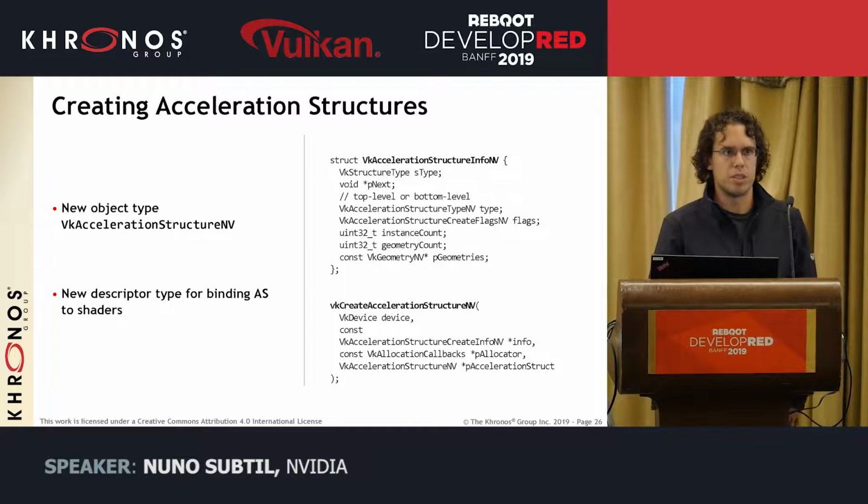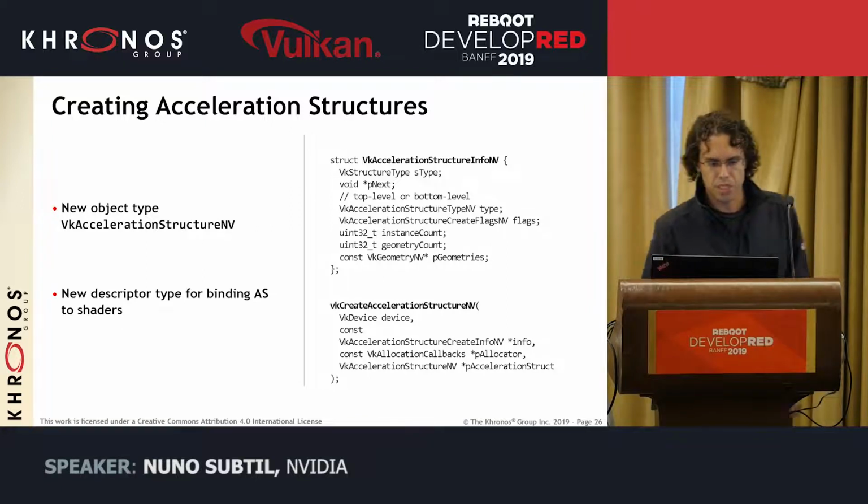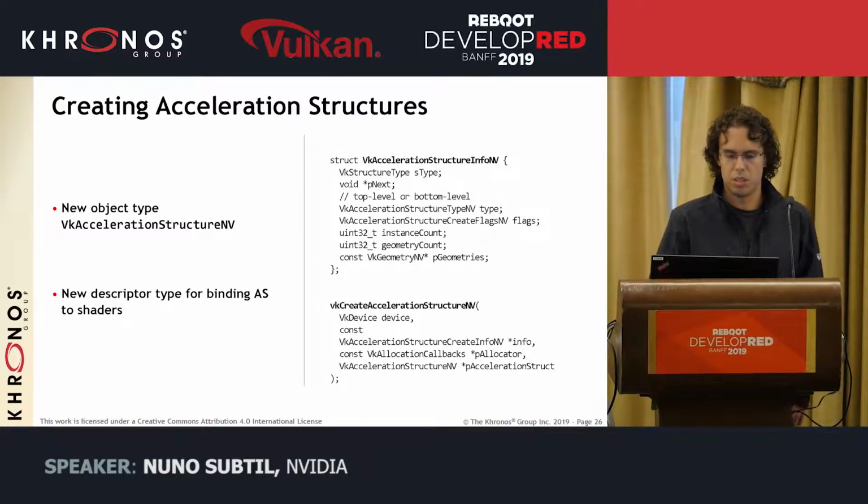Just like for an image, you're going to create the image first and query it for how much memory you need, allocate the memory and bind it. It's the same for acceleration structures. So there's a new object type with the create info struct associated with it, and also a new descriptor type for binding these top-level acceleration structures to shaders. You can't actually bind the bottom level directly as a resource to a shader, but you can bind the top-level acceleration structure.